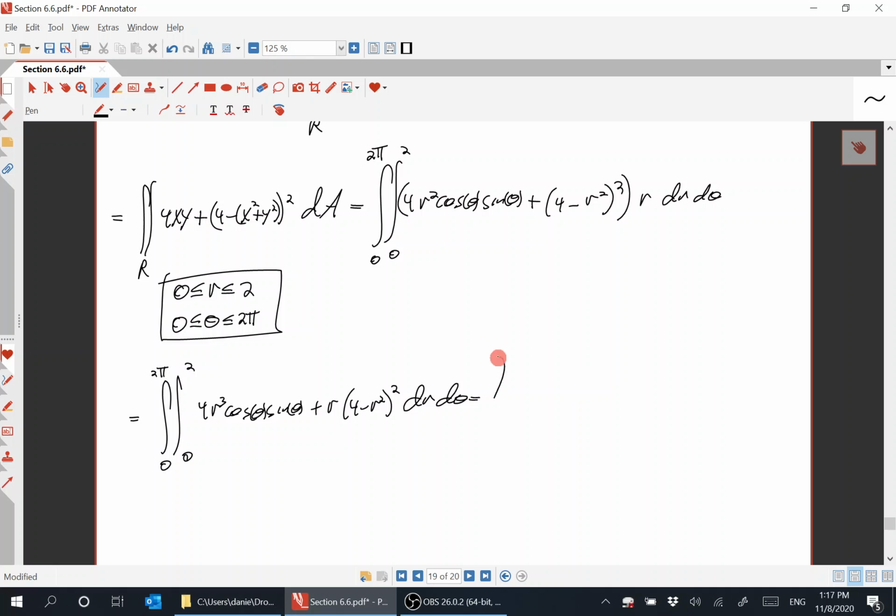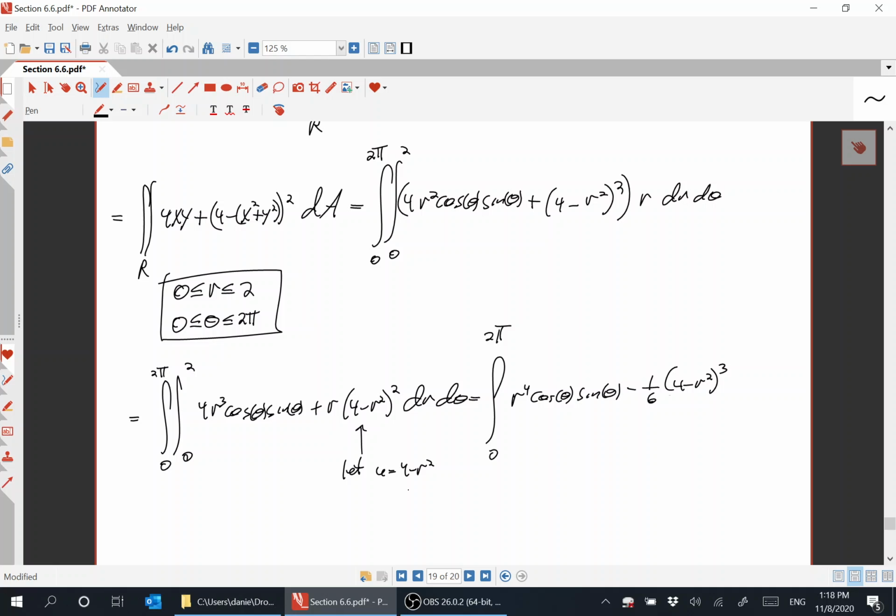Okay, antiderivative with regard to r. So that's just r to the fourth, and these are constants, cosine theta, sine theta. Plus this one, minus 1/6, 4 minus r squared to the third. So here you would let u equal 4 minus r squared.